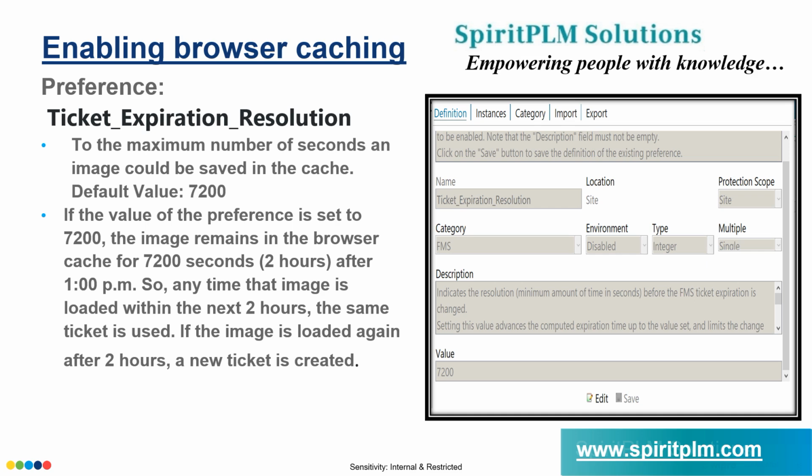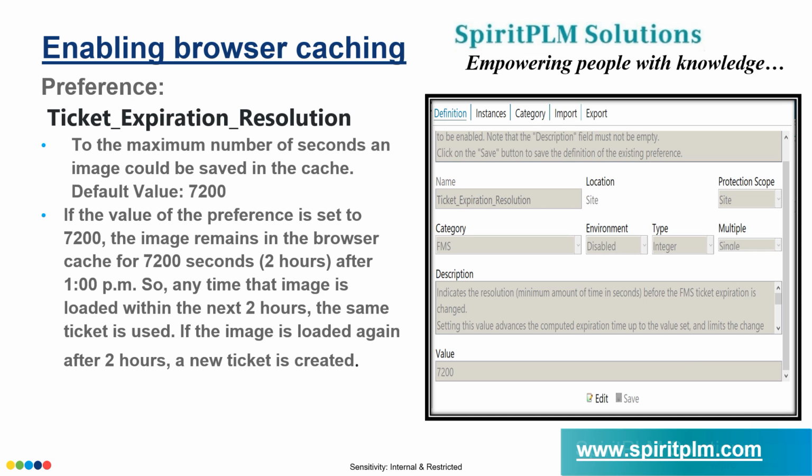For that you need to enable a preference called ticket expiration resolution, and there you need to set the value in seconds. For example, 7200 means that for the next 2 hours your image is going to be held, or saved, in your browser cache. You can change that value according to your business need, so that you can quickly load such heavy images in the active workspace.